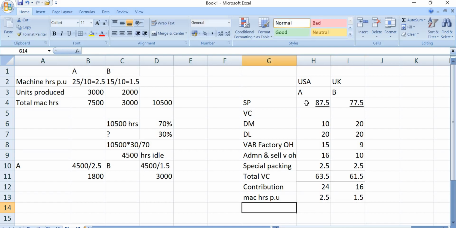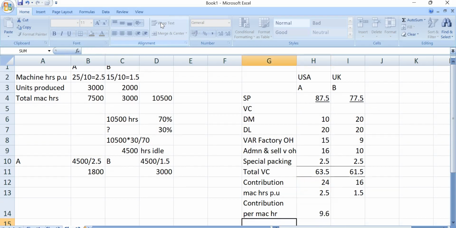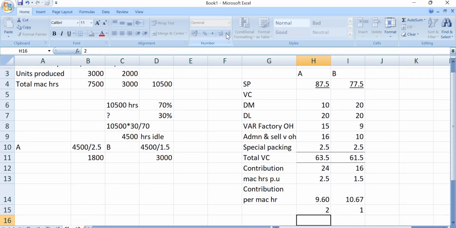So contribution per machine hour is 24 divided by the number of machine hours required, 9.6. Here it is 10.67. Which one has the higher rank?